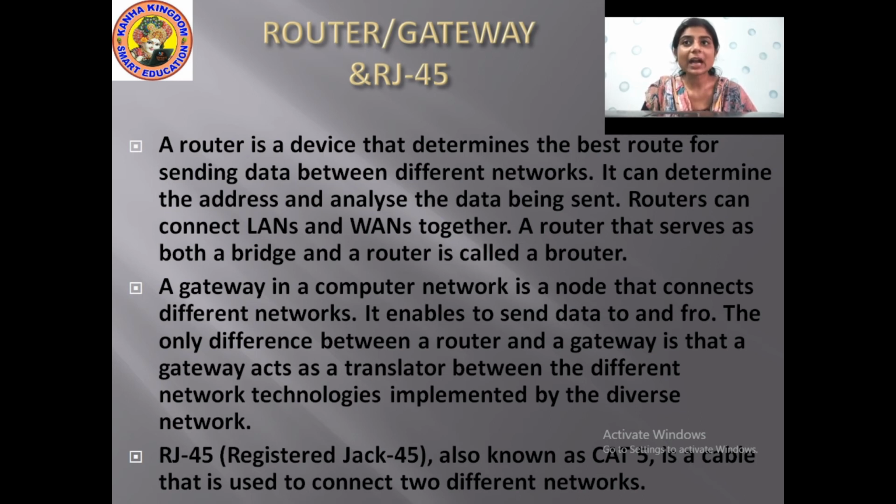A gateway in a computer network is a node that connects different networks. It is a node that connects different networks in a computer system. Okay. It enables sending data to and fro. To and fro means if it is sending, it will receive the data also.